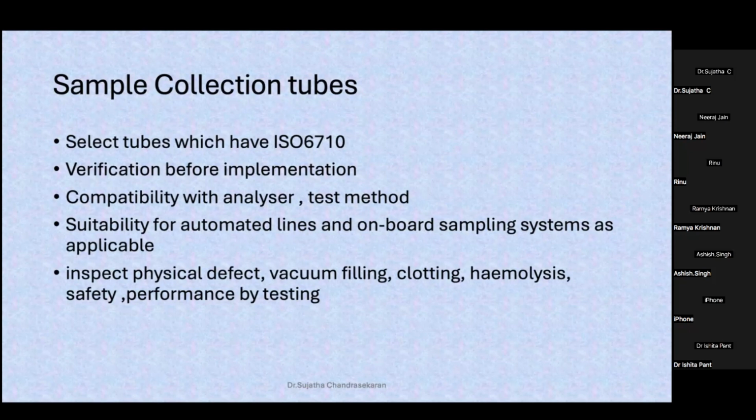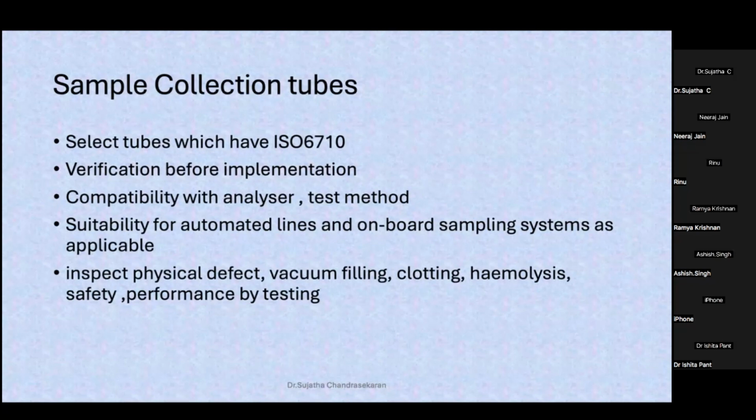All that is available. It makes sense for the lab to download them, or even ask the manufacturer. BD, Greiner, all of them provide you with those. They are not certificates, they are really white papers. You can go through that and make sure that these tubes are okay for the analytes that you are testing.